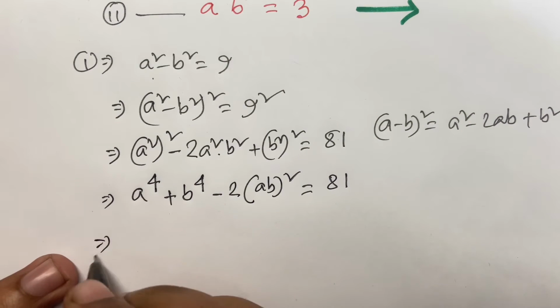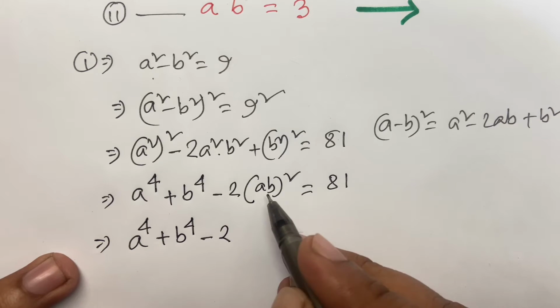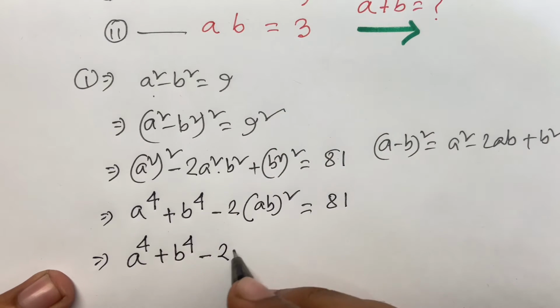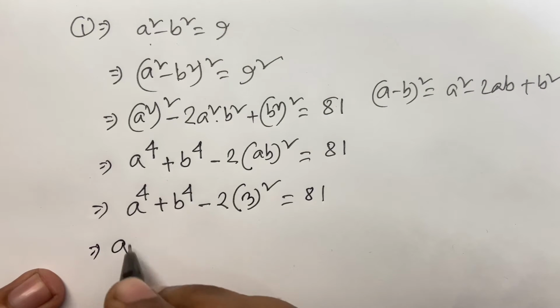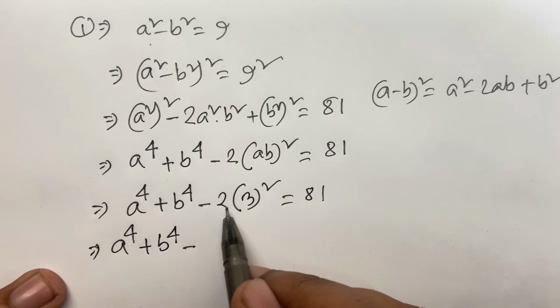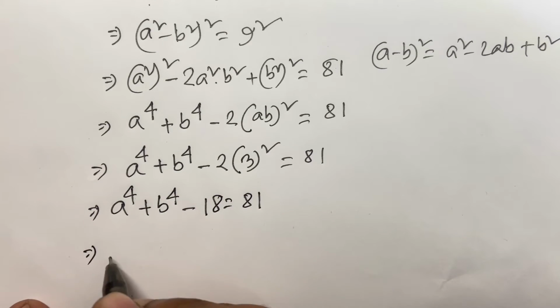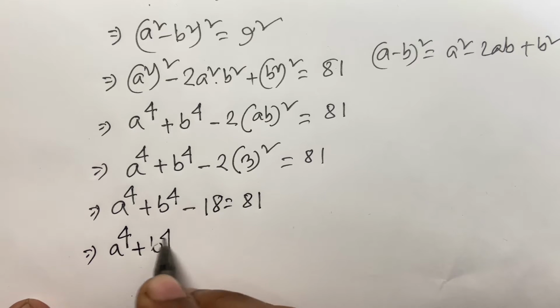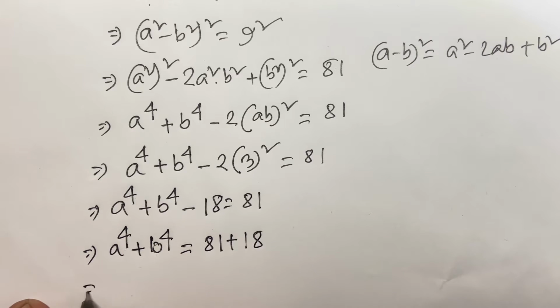Now I can say a to the power 4 plus b to the power 4 equals 81 plus 18, which is equal to 99.